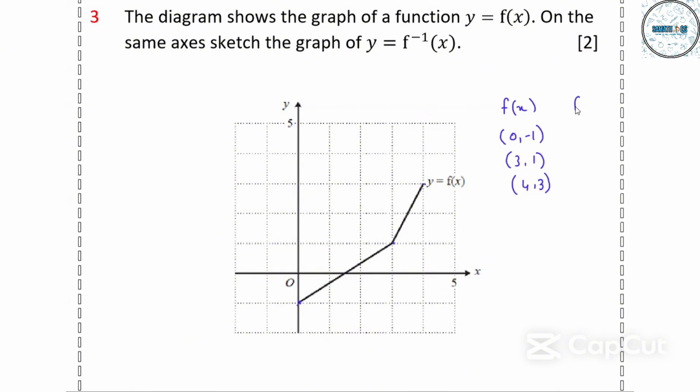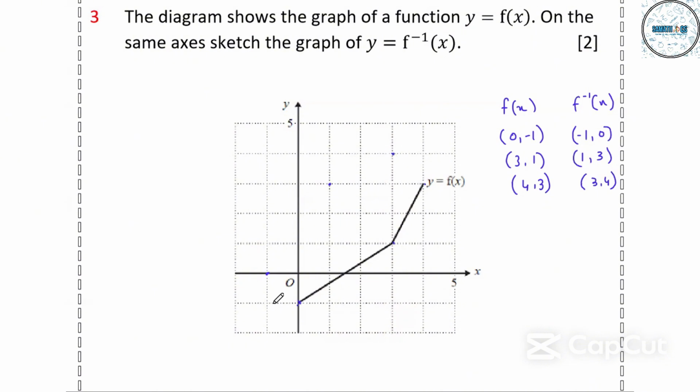Now for f inverse of x, you have to switch the x and y coordinates. So -1, 0; 1, 3; and 3, 4. We'll mark these points. -1, 0 is here. Then 1, 3 is over here. And then 3, 4, which is here.